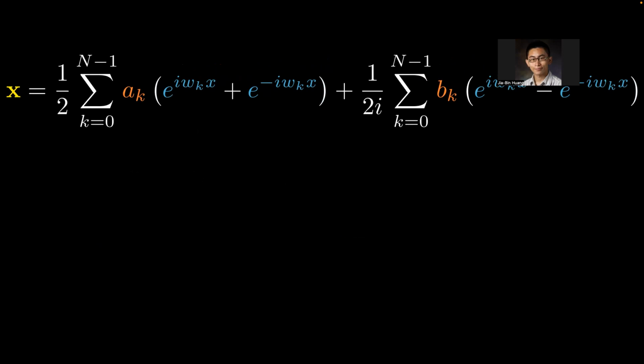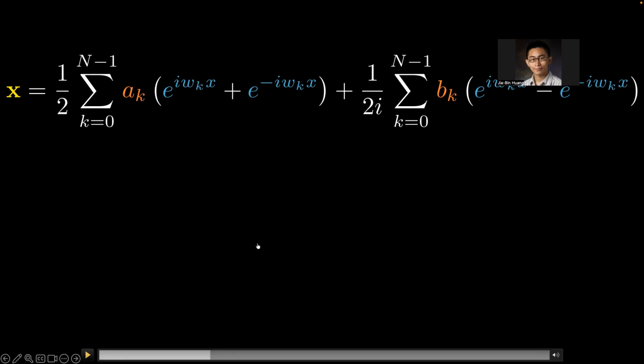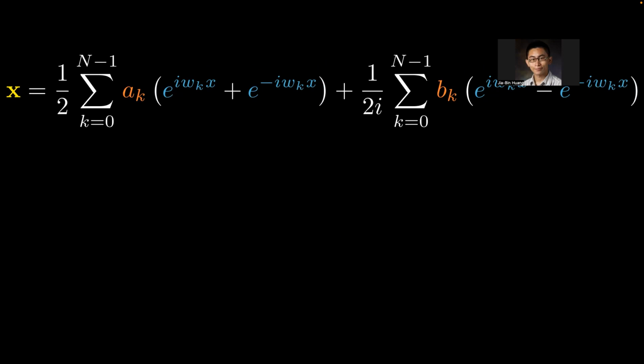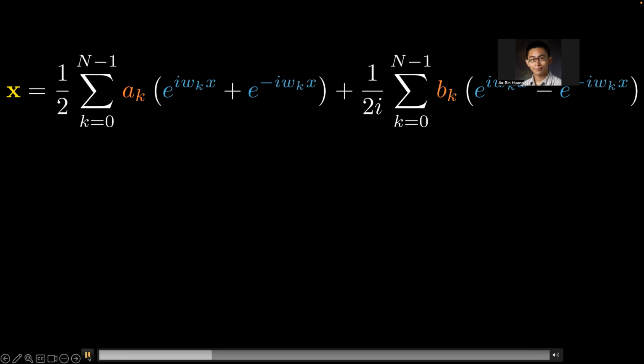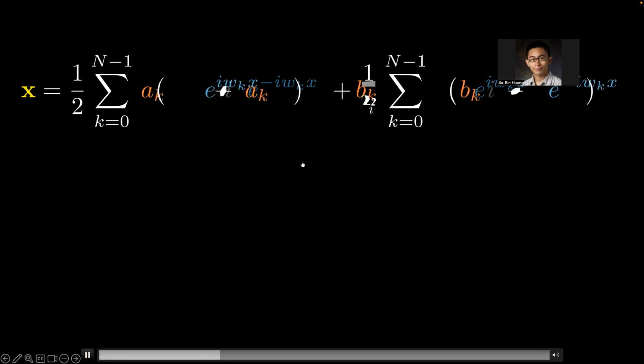I probably don't want to bombard you with too much math behind this, but basically what you can show, using some symmetry, is that you can merge these two terms together.